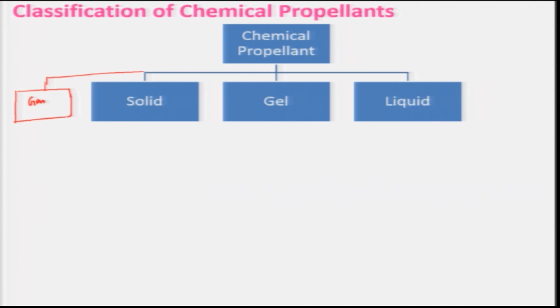That means propellant can be gaseous, solid, gel, or liquid. And solid propellant can be divided into two categories. One is homogeneous and the other is heterogeneous.